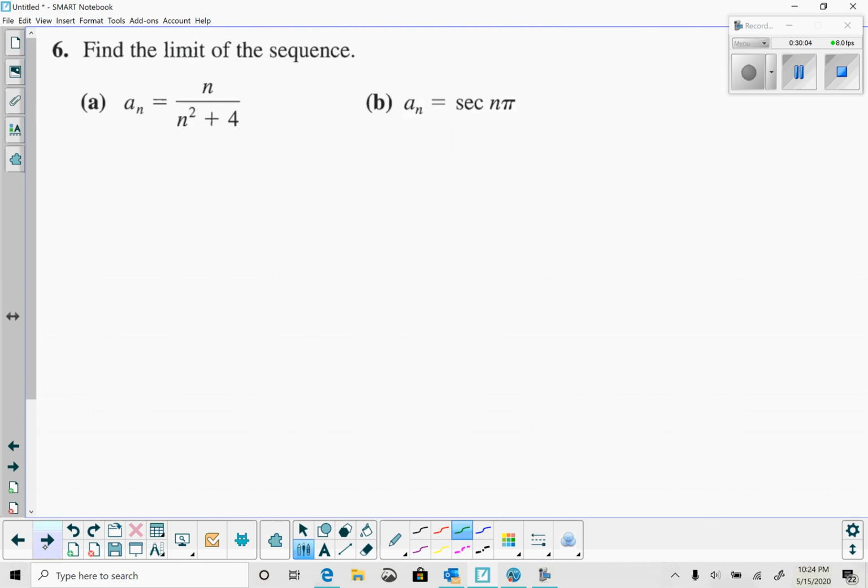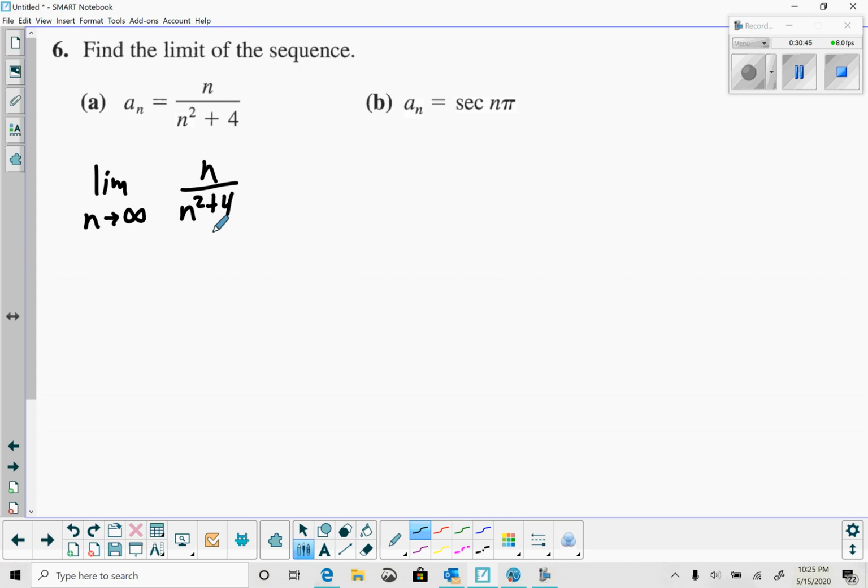And as long as I'm doing all of these, might as well finish it off here with number 6. Find the limit of the sequence. Okay, so again, we're looking at our infinite limits here. So for the first one, if our sequence is the explicit formula n over n squared plus 4, we're looking for the limit as n approaches positive infinity of n over n squared plus 4.